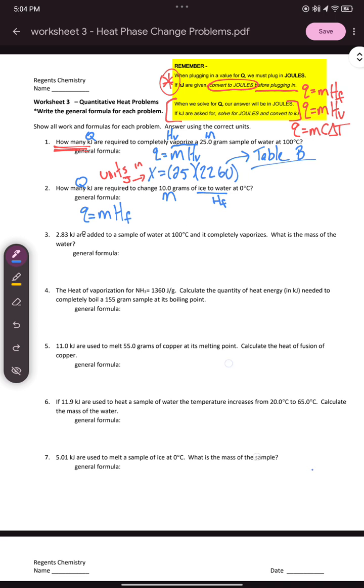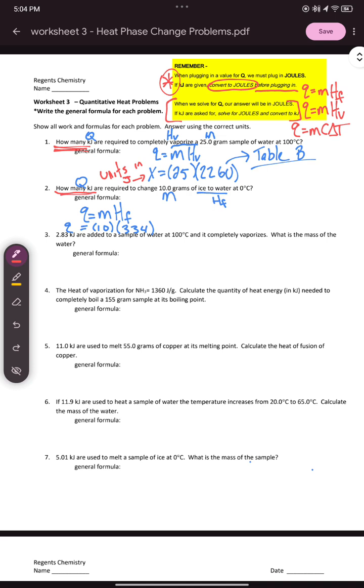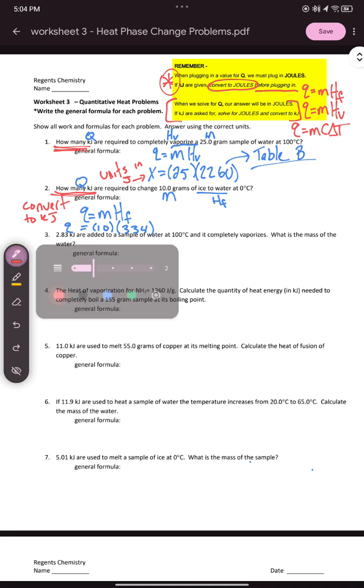We have 10 times 334. Again, that's from table B. And that's equal to your Q. Again, we want it in kilojoules, so you're going to have to convert. Whatever that is, you're going to have to convert. That's how you'll get from what your calculator told you to what the answer key tells you.